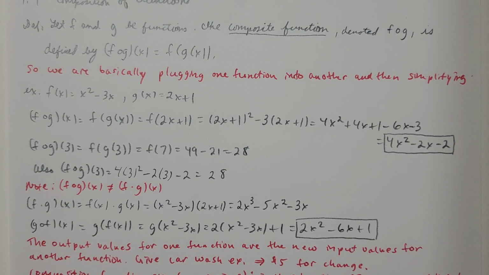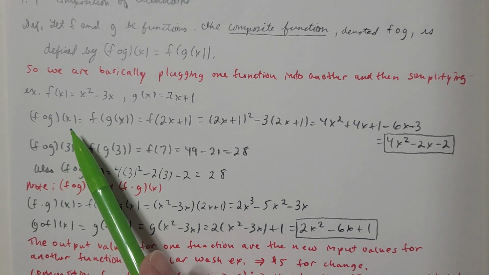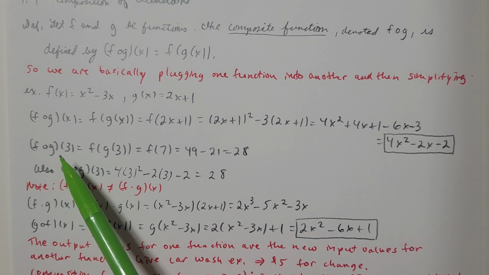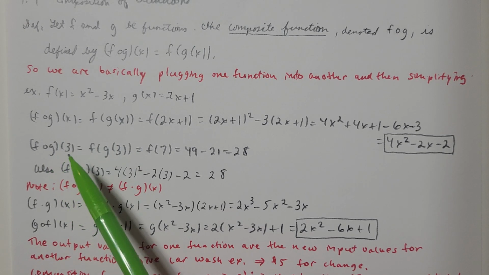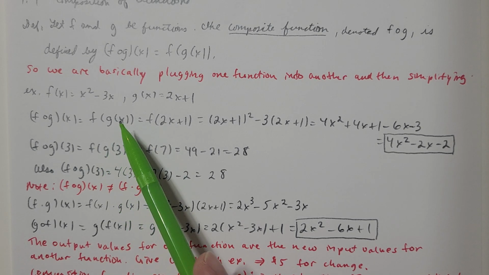Okay, now just like any other function, there's input values and output values. So like if we want to find f composed g of 3, there's actually two ways that we can do this. We can handle that just like we did x. So f composed g of 3 means that I need to find f of g of 3, just like when it was x.